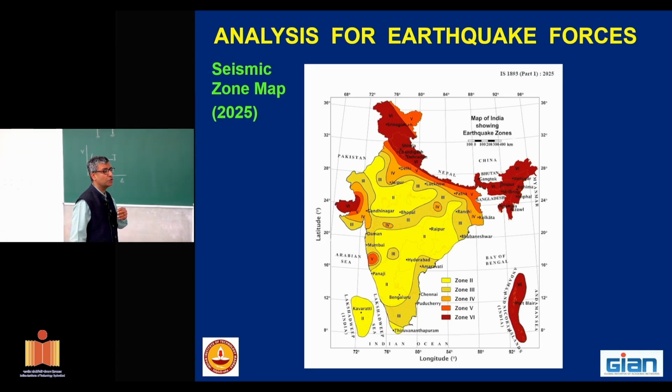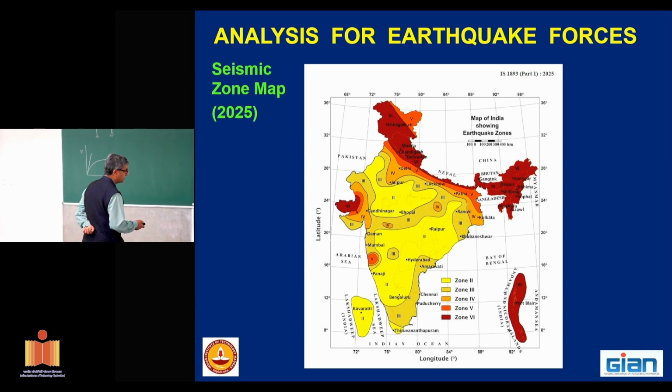Based on that, because it is not just the recorded data, they also study the geotechnical conditions, and they come up with this map. A lot of work has been done on it, and it is based on the probability that something may happen in future with a certain probability.